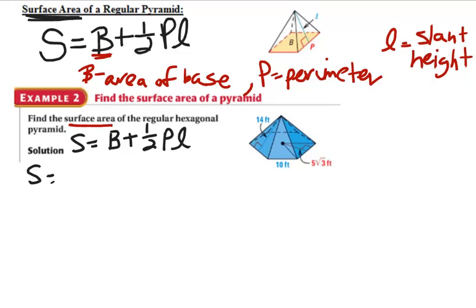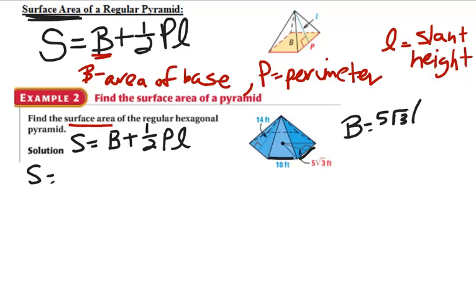Let's look at how we get the area of the base. I'm going to do that over here. The base is a hexagon, so I'm going to have to use my apothem times perimeter, and the apothem is 5 square roots of 3. That's given to me right here in the triangle on the base. 5 square roots of 3 times perimeter.